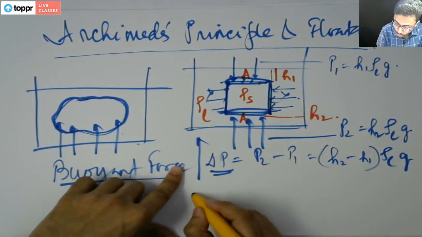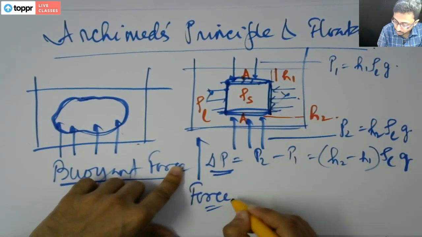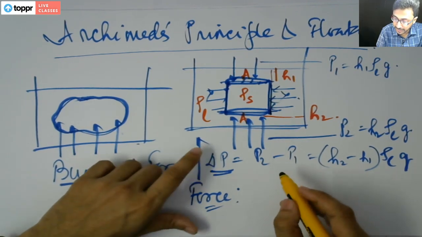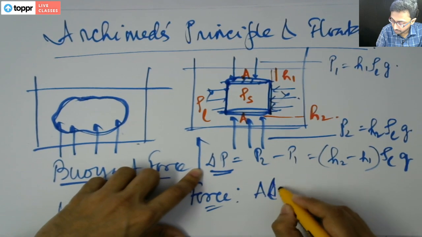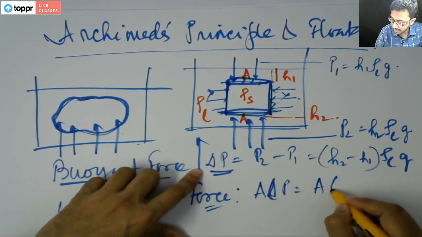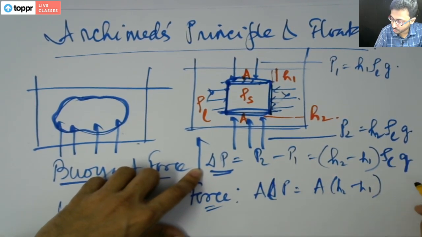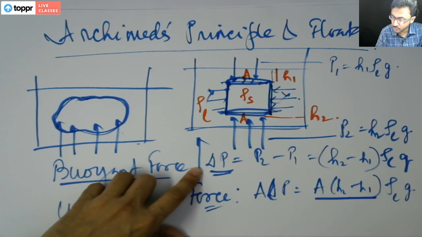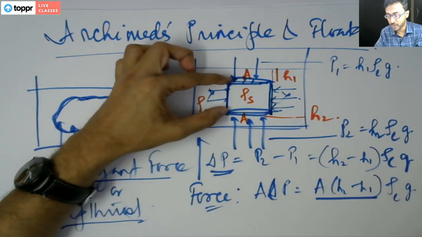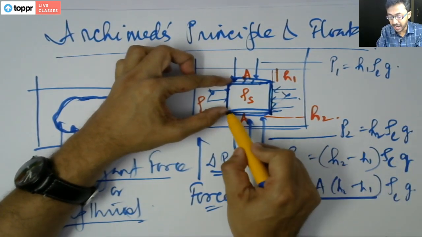So the force applied will be area A into this net pressure, that is A (h2 minus h1) rho L into g. Now, h2 minus h1 is the height of the solid, and A is the cross section.